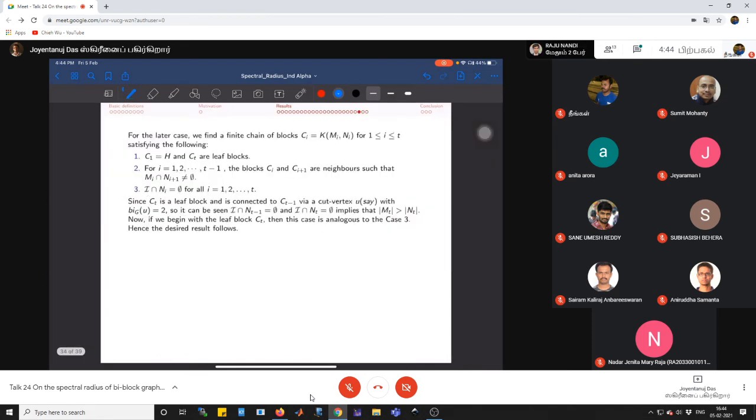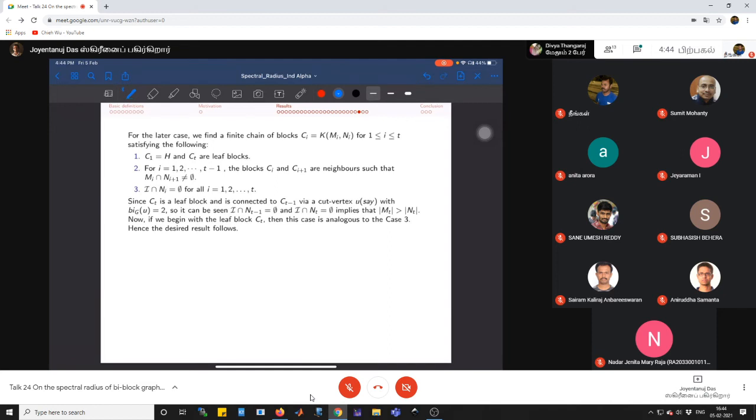In the case where we did not find any neighbor with the property, then there is a finite chain of blocks C_i, each with partition M_i and N_i, where i varies from 1 to t, which satisfies the following condition.